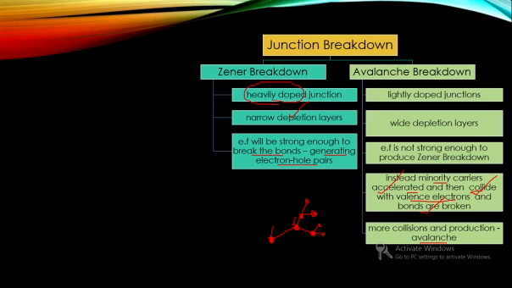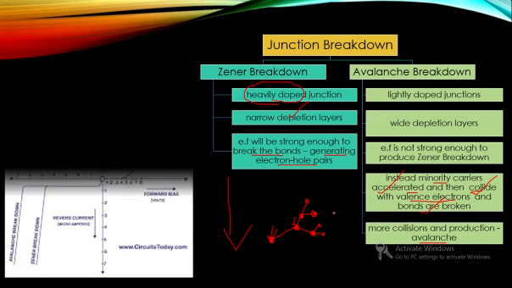In snow regions, an avalanche starts with just a small snow slide, but after that it will be falling off like a huge mountain. That is why the name avalanche is given, because it starts off with very few electrons, and then it multiplies with the generation of more electrons.